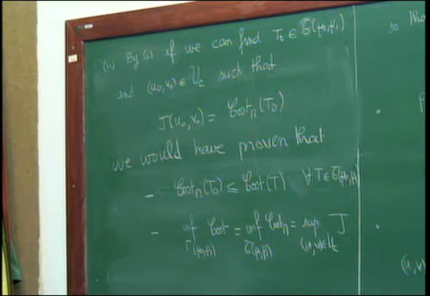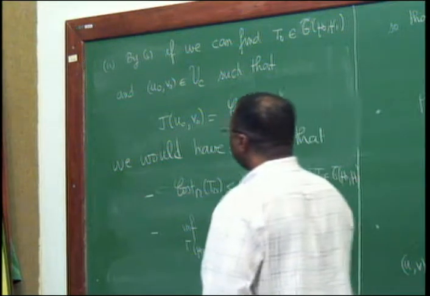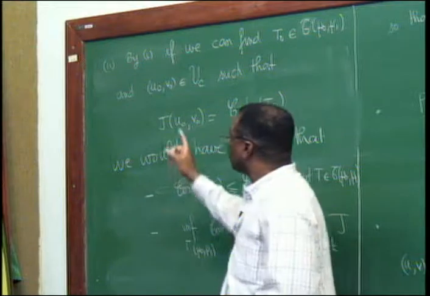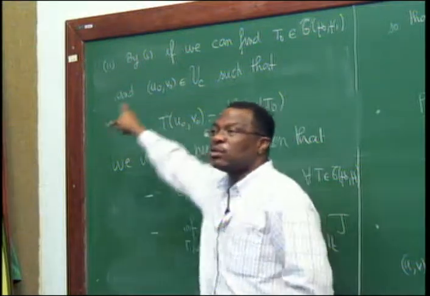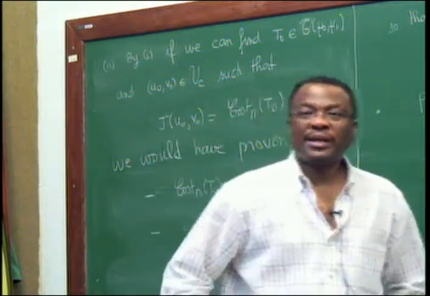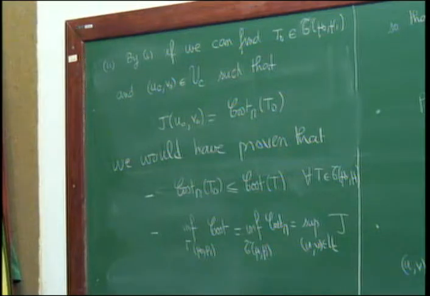So the task I want to complete by the end of the lecture today is to establish this equality. And if we establish that equality, we are done for existence of an optimal map in the Monge problem. And we will have also established one of the fundamental results of the Monge-Kantorovich theory.